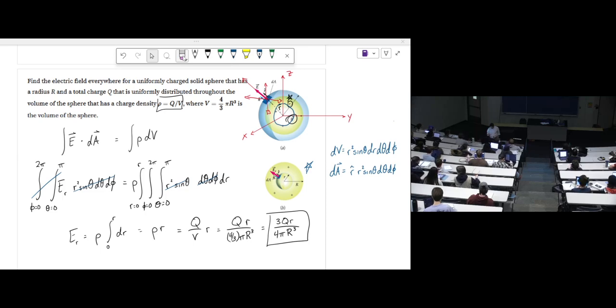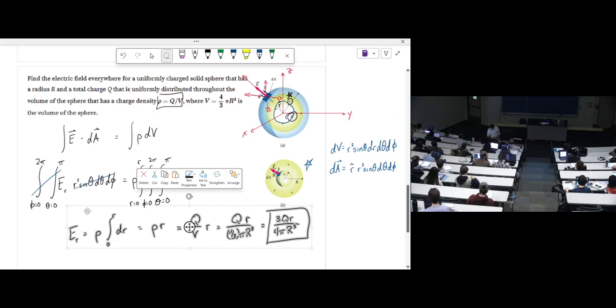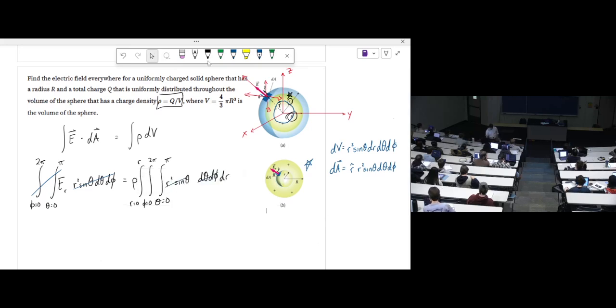I think where it doesn't work out quite as nicely is from this, if we were to do the integral, you get E sub r times the surface area of a sphere, which is 4 pi r squared, is equal to rho times the volume of this sphere, which is 4/3 pi r cubed.